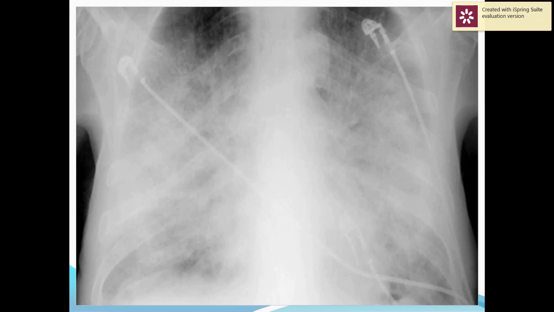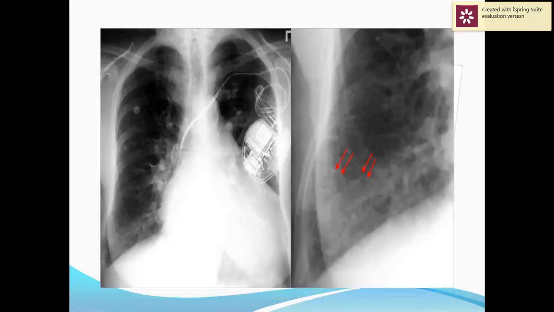This is non-cardiogenic pulmonary edema, normal size of the heart, bilateral wet lung, whiteout in both lung fields, denoting this is non-cardiogenic pulmonary edema or RDS. This is a very nice Kerley B line or septal line in a patient with cardiogenic pulmonary edema.